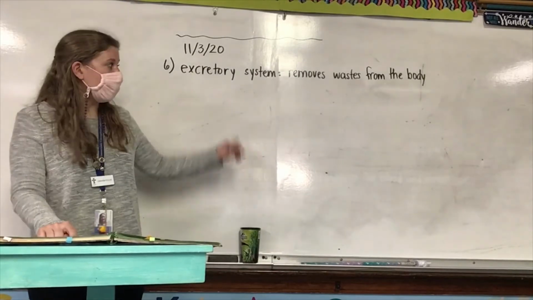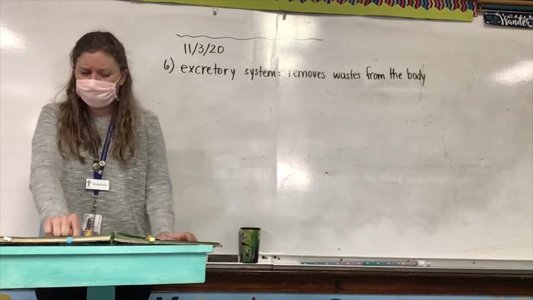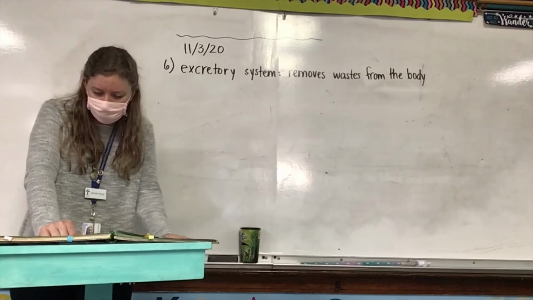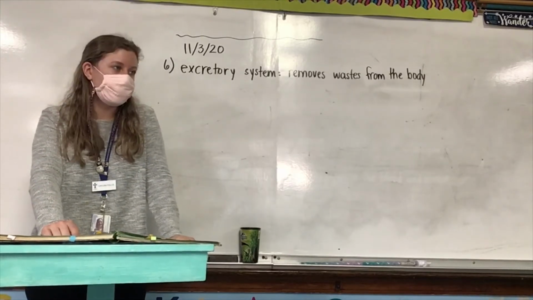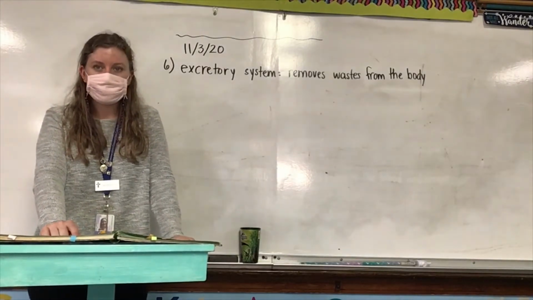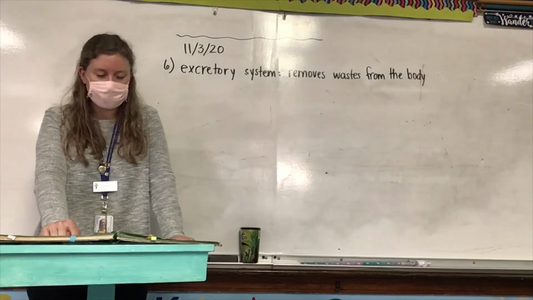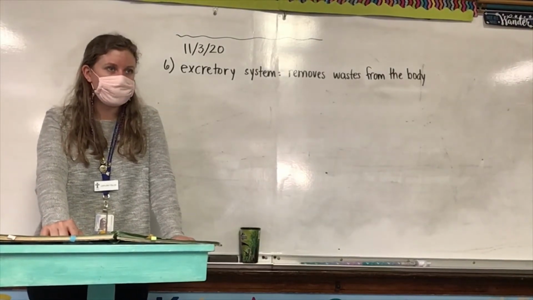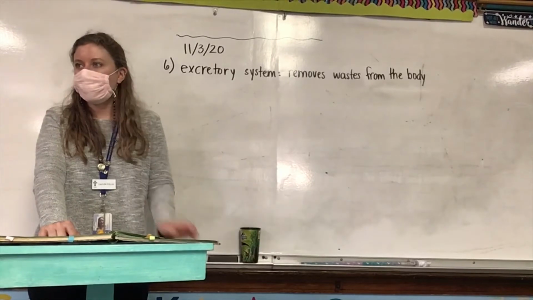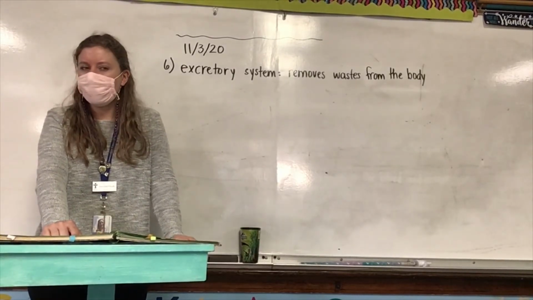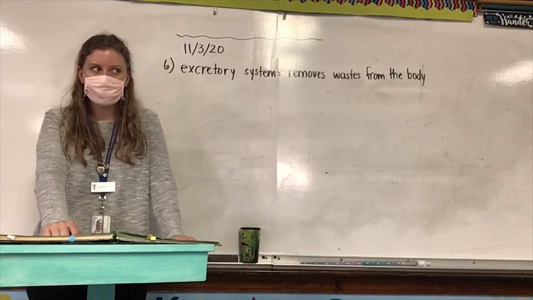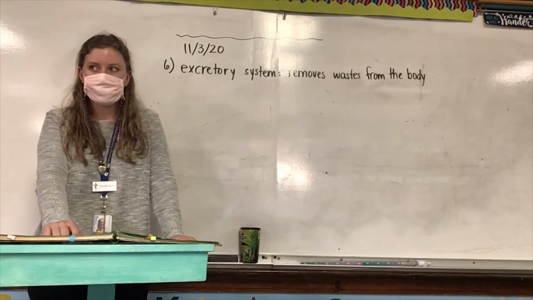Okay, when you're done writing, we might add to this definition. Put your finger on the liver, kidneys, bladder, skin. Did you ever think that skin would be an organ that helps get rid of waste? While we're waiting, think about what waste your skin gets rid of.